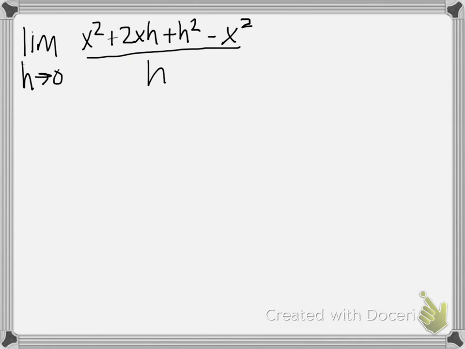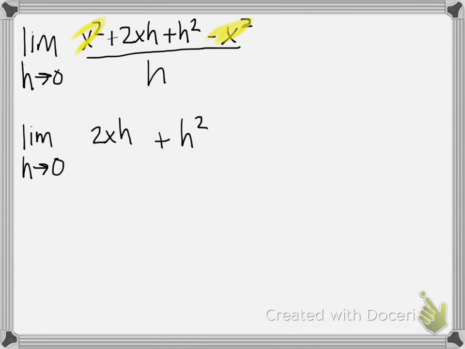Okay, so there's where we're sitting at, and we can see that we have a positive x squared and a negative x squared, so those are going to cancel. And once that happens, we are going to have a limit as h goes to 0 of 2xh plus h squared.